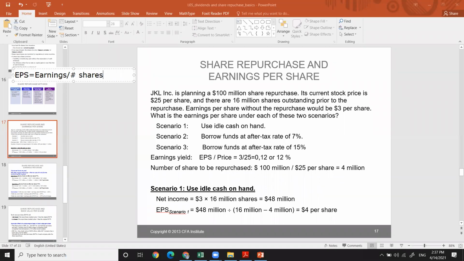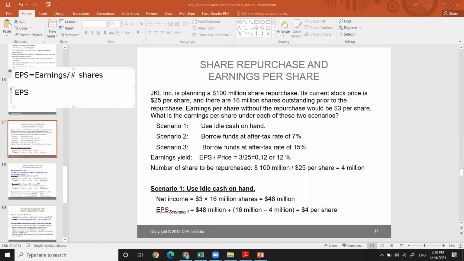Once we know that, the formula is given to you, and we know that the EPS before the buyback is $3 and the number of shares outstanding is given.